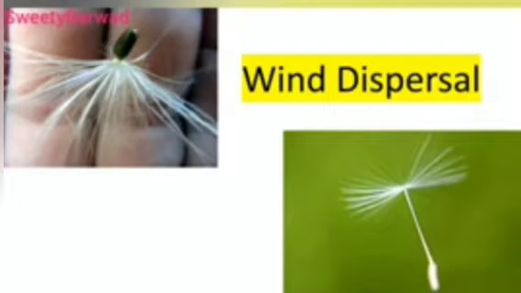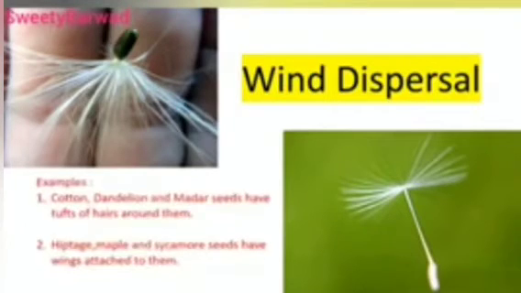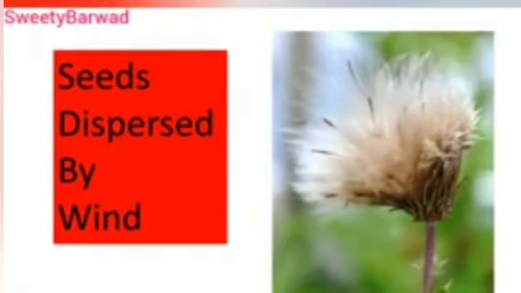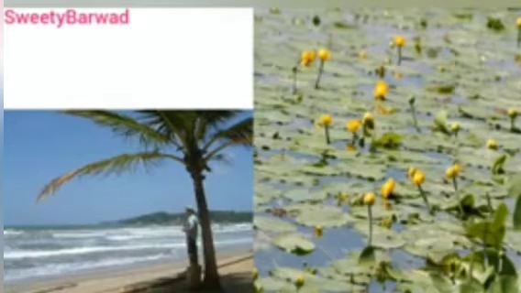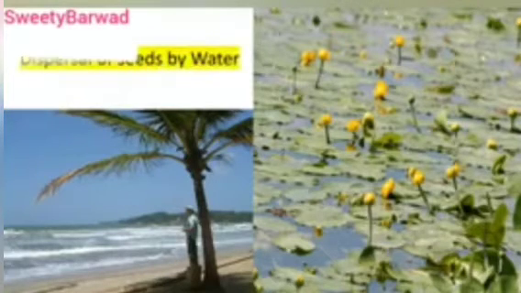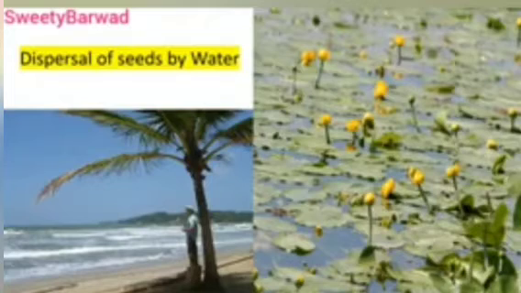Cotton, dandelion, and madar seeds have tufts of hair around them. Hiptage and maple seeds have wings attached to them. Water helps in dispersal of seeds of plants living in water or a place near it. The lotus fruit has a spongy part and the coconut has a thick fibrous coat.